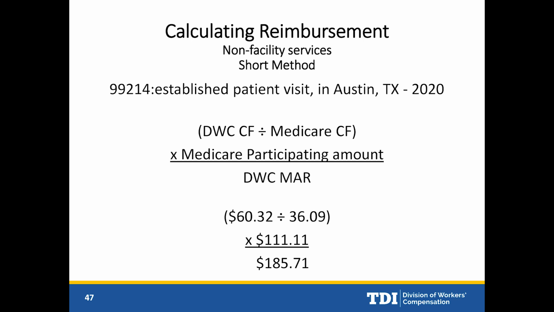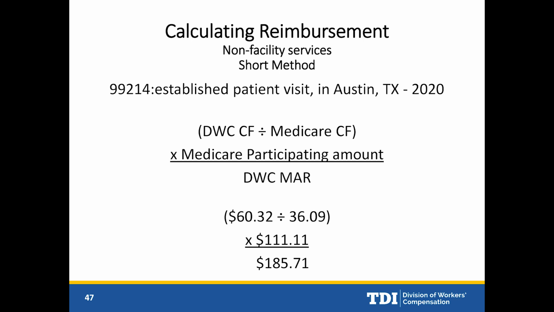Now, there is an easier way to calculate reimbursement. You don't necessarily have to use that long methodology, that long equation. You can simply divide the DWC conversion factor by the Medicare conversion factor and multiply that amount by the Medicare participating amount. Some people call that the Medicare allowable.